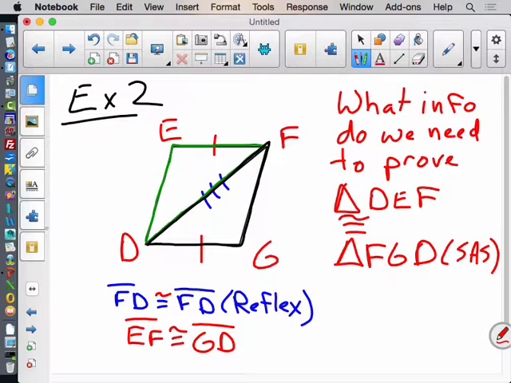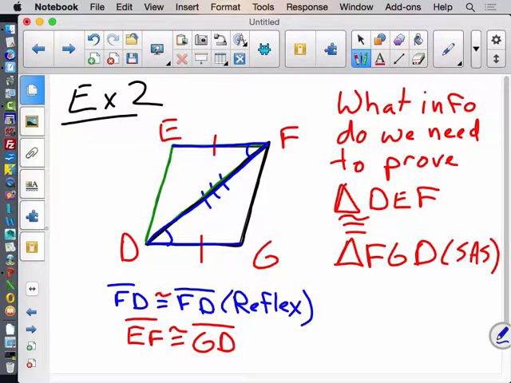And I need to find the angle trapped between the sides. So to highlight this, I have this side and this side. So I need to know that that's congruent, and that is also corresponding to this.